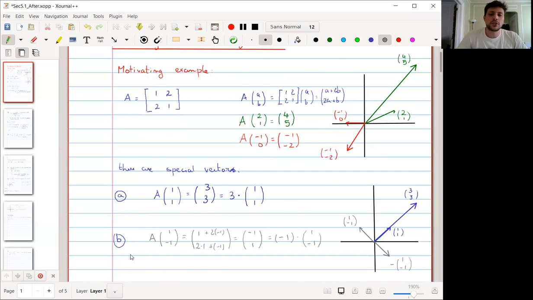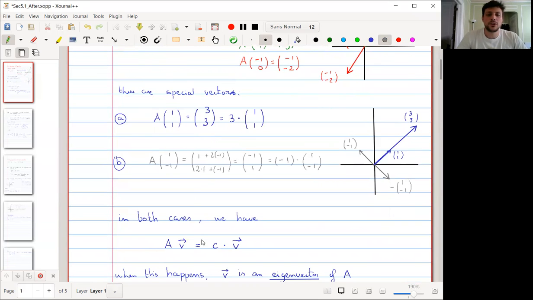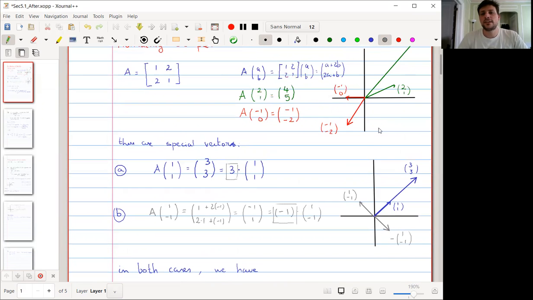So these two vectors are special in that they satisfy the following property. Multiplying the matrix by the vector is the same as multiplying the vector by some scalar c. The scalar is different. In this case, it's equal to 3, and in this case, it's equal to -1, but it tells you something about these two vectors. They don't get sent somewhere around like the green and the red vectors up here.